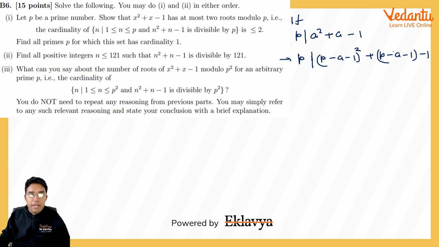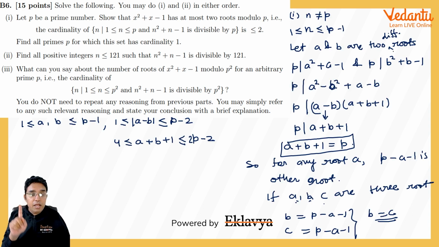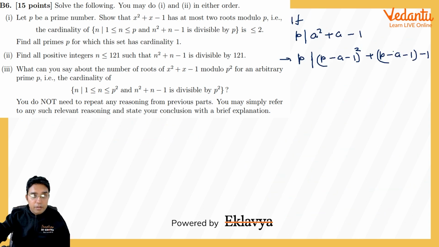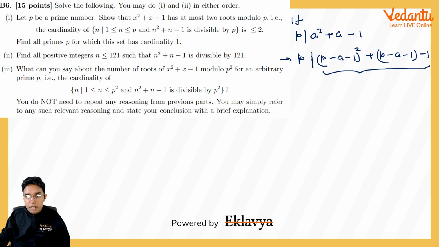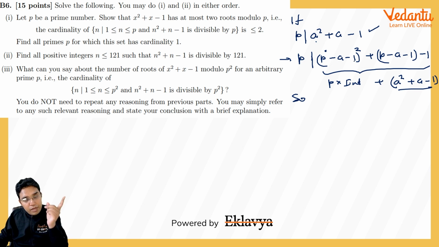I have taken this from the previous slide where a was not equal to b, but without that condition also you can check by opening these brackets. You will find there are many terms that are multiples of p, times an integer, and the remaining thing will be a square plus a minus 1. It can be checked. That means if p divides this, p has to divide this also. So automatically if a is one root, p minus a minus 1 is definitely a root.